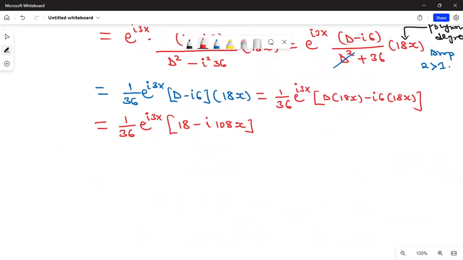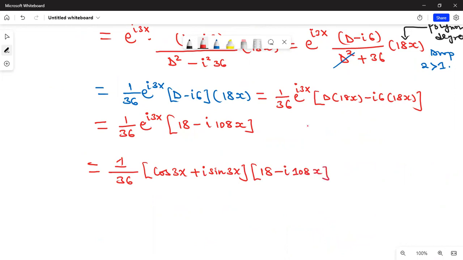So this is equals to 1 over 36, cosine of 3x plus I sine of 3x, times 18 minus I times 108x.